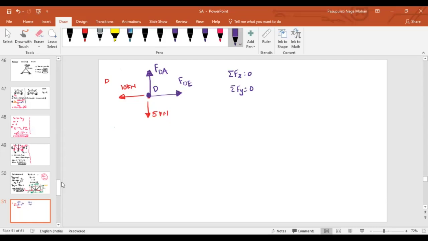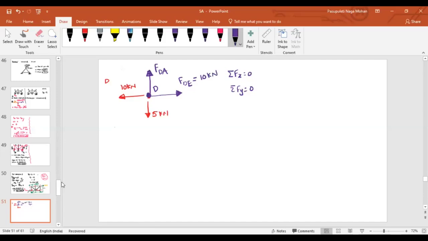How many forces are there? Two, sir. That means what can be my FDE then? That can be plus 10. To balance it, FDE obviously should act on the right. Then what should be this magnitude? Plus 10, magnitude 10 kilonewton, right?